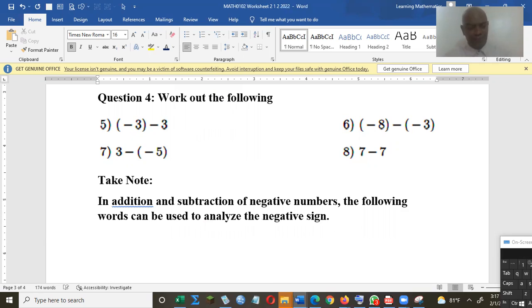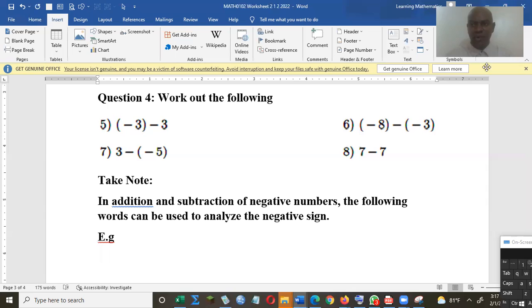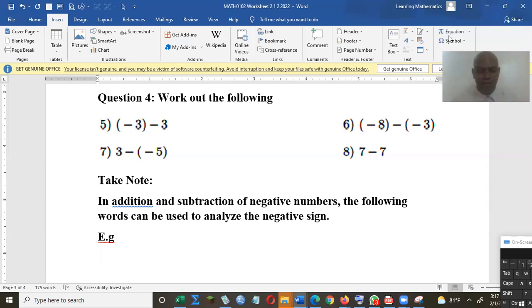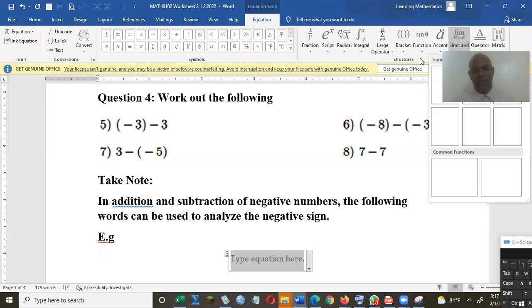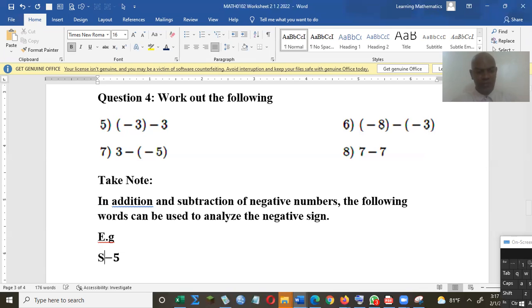For example, if you look at this symbol, you see this.